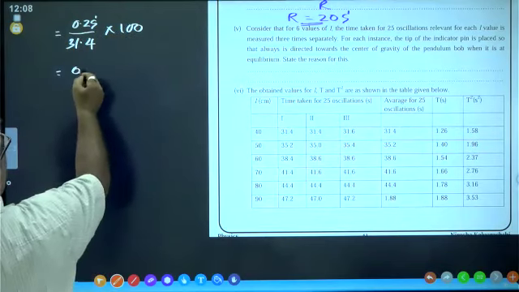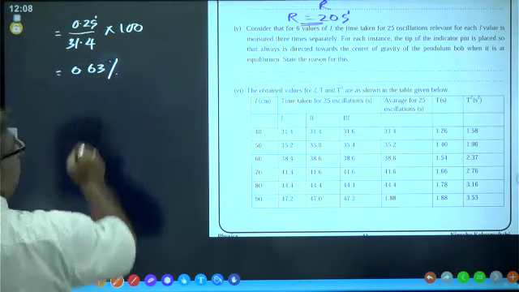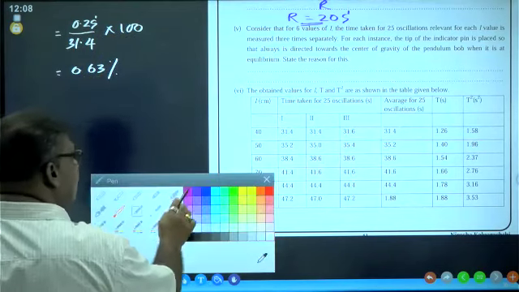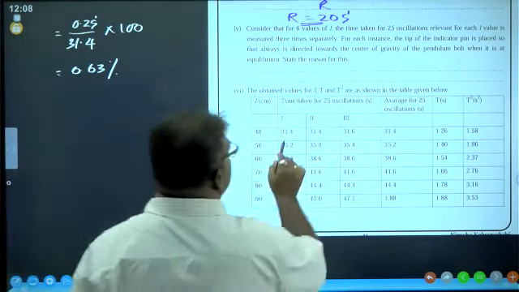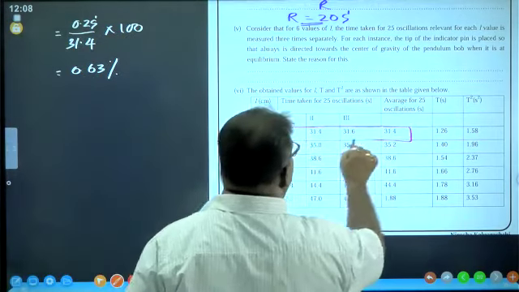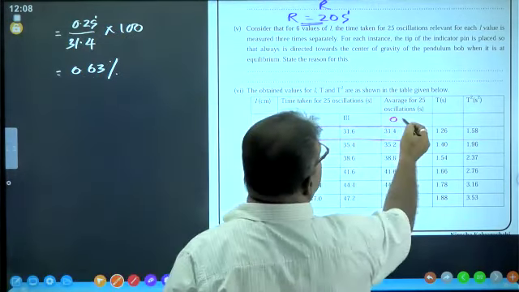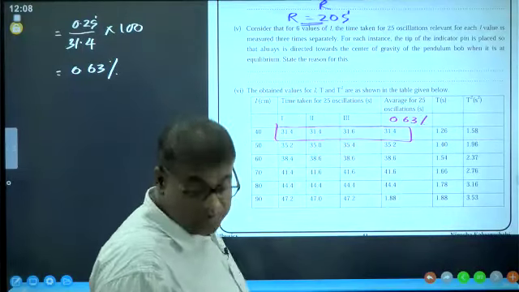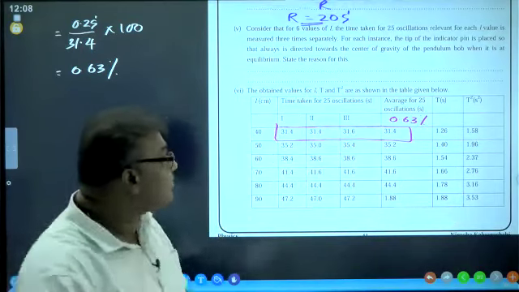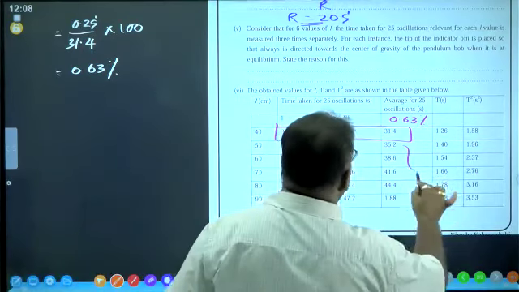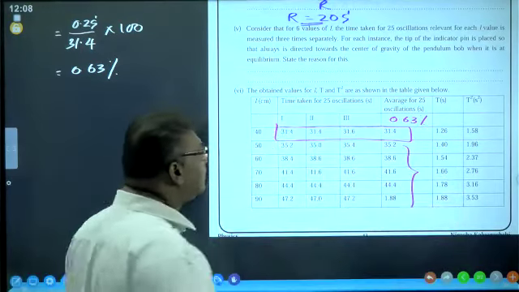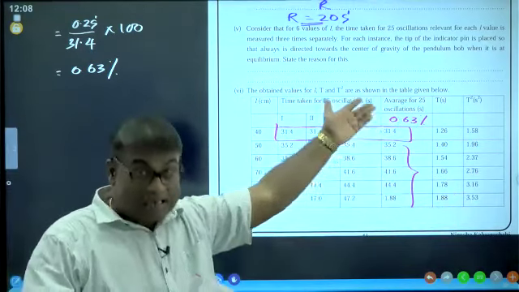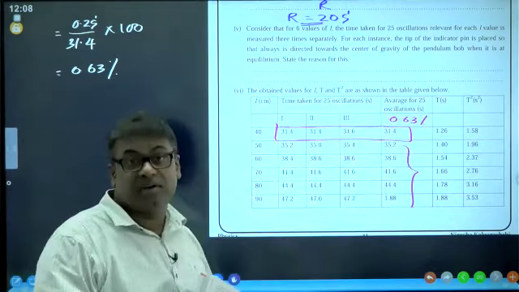Here we have 0.63%. For this line, the percentage fractional error is 0.63%, rounded off to 0.6%. All other measurements are greater than 31.4, so all have a lower percentage error than 0.63%.